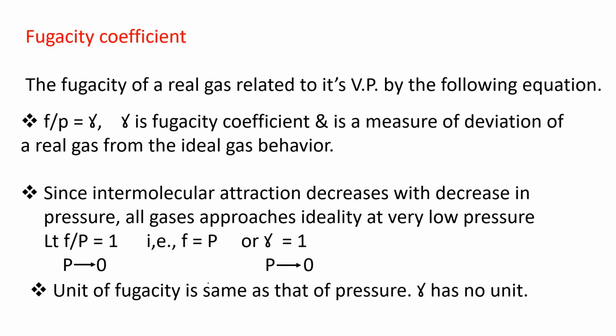Now the unit of fugacity is the same as that of pressure because it replaces pressure in real gas, and gamma is a ratio, so it does not have any unit. Understood? So what did we get? We got F by P equal to the fugacity coefficient gamma. So from here what can you write?